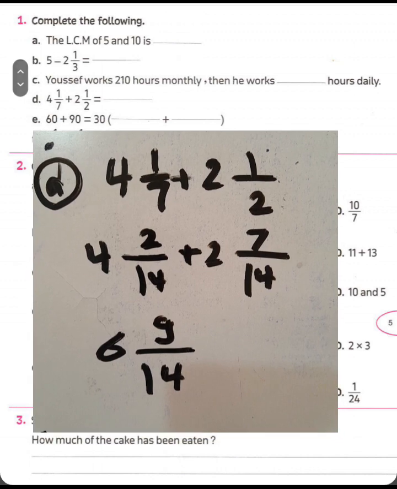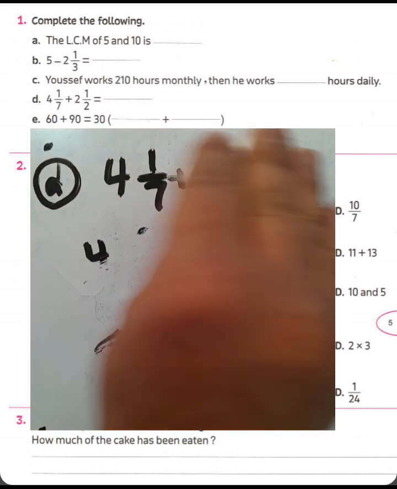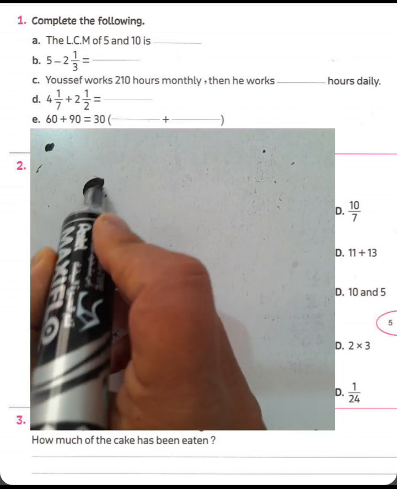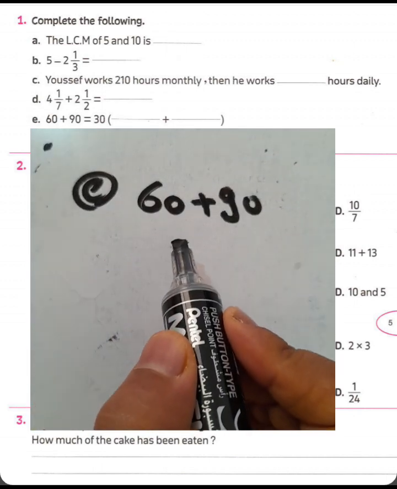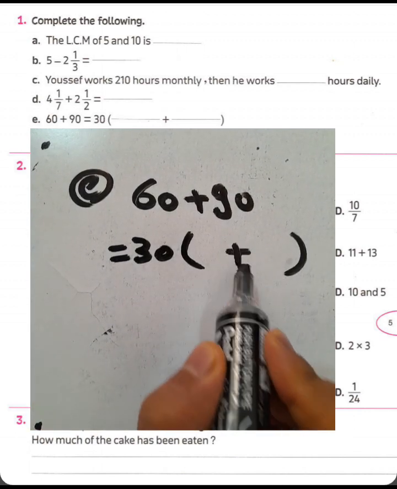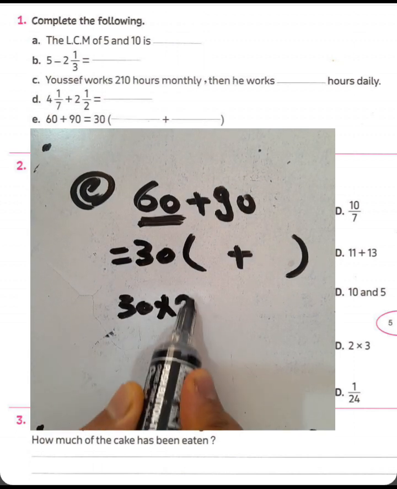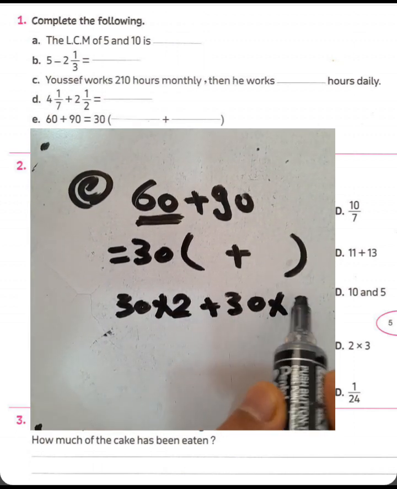Letter E. 60 plus 90 equals 30 multiplied by what? We know 60 equals 30 times 2 and 90 equals 30 times 3.